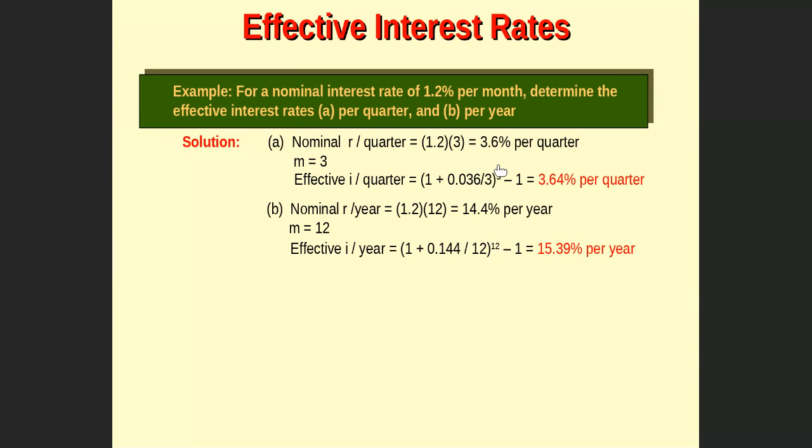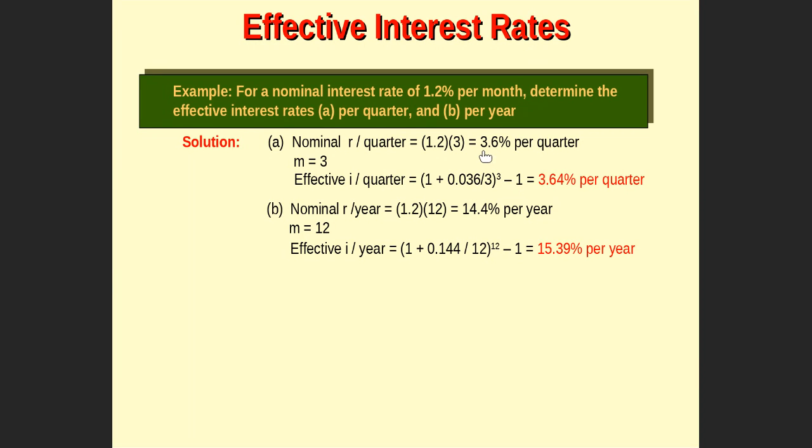Now you use the formula that I showed you in the previous sheet. The formula says I effective, which is I EFF, equals 1 plus R divided by M. R in this case is the rate, the nominal per quarter that we found previously, but you don't use the percentage, you use the rate.